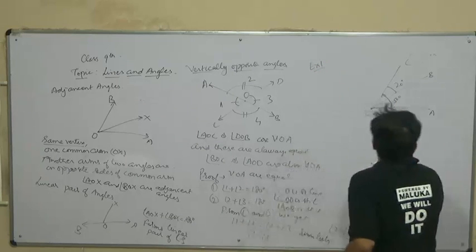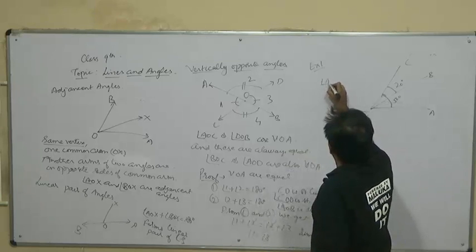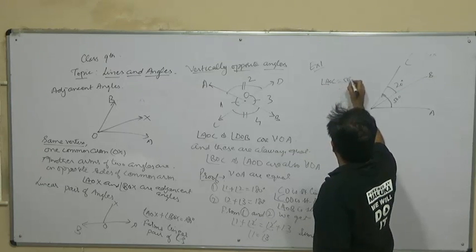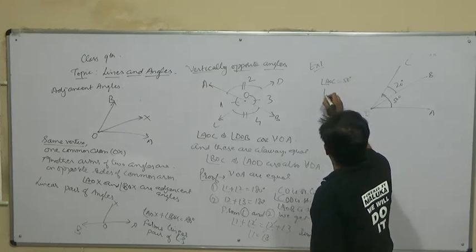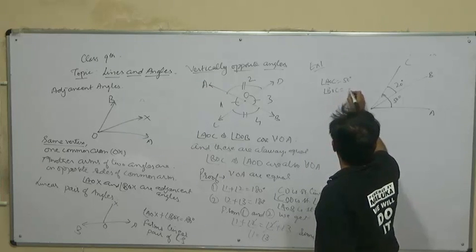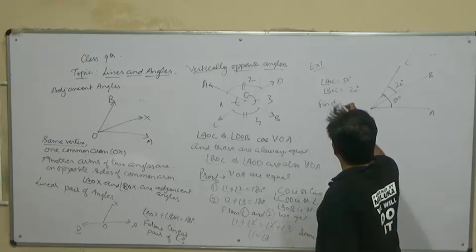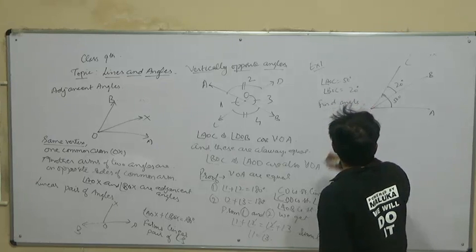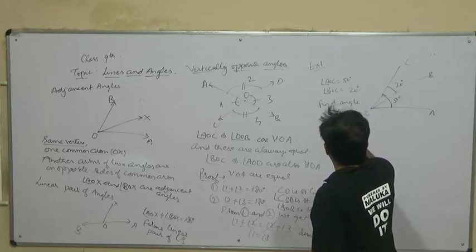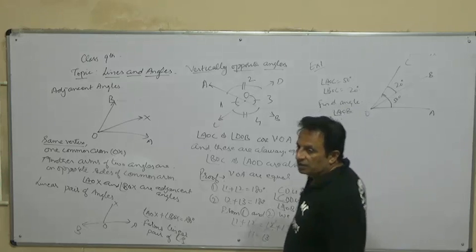We are given angle AOC as 50 degrees and angle BOC as 20 degrees. Find angle AOB.